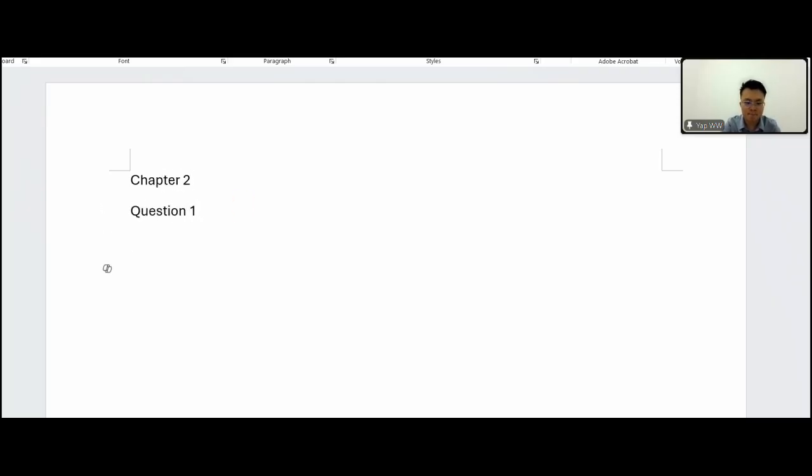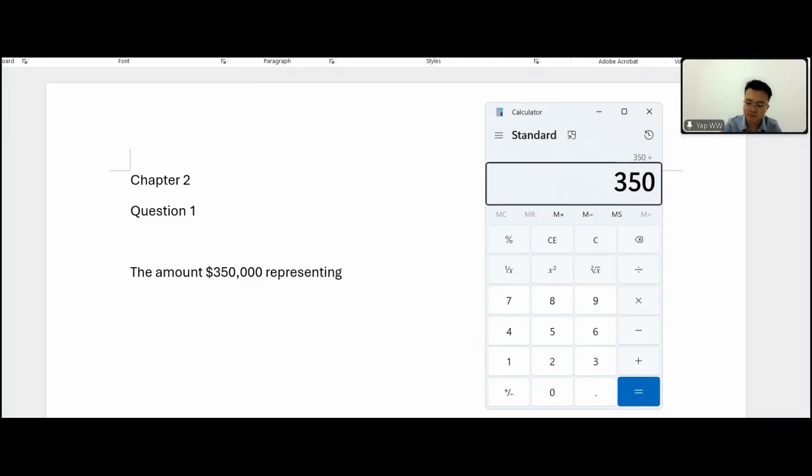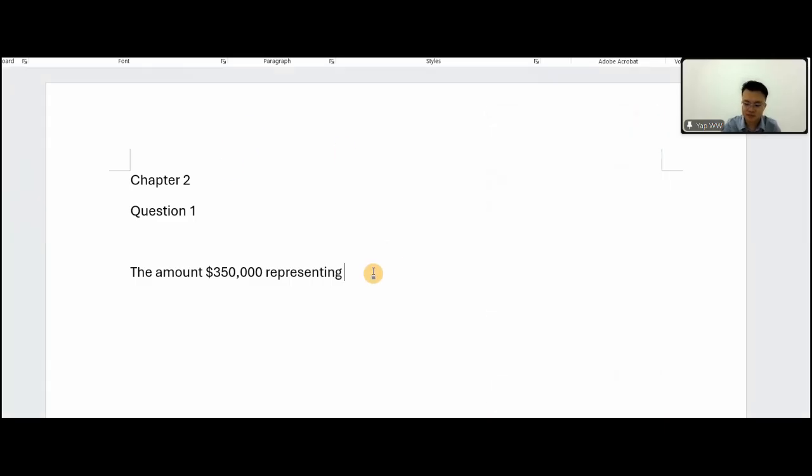Question number 1. First, you must highlight the amount. The amount of 350,000 represents 15.9% of the profit before tax.